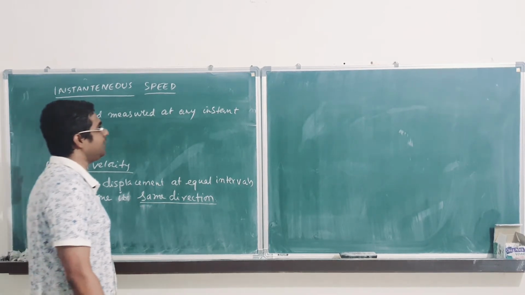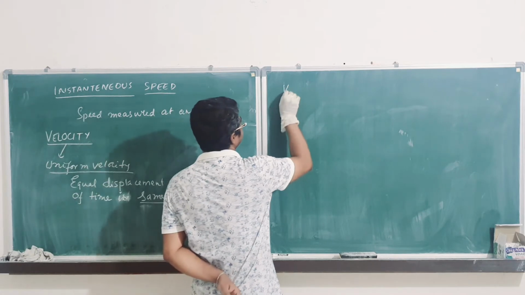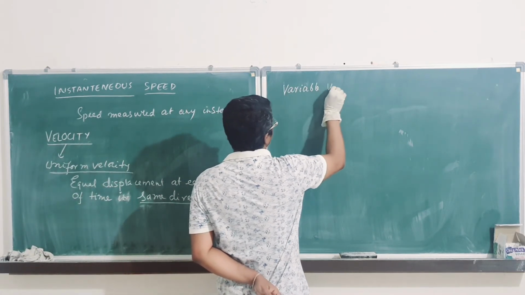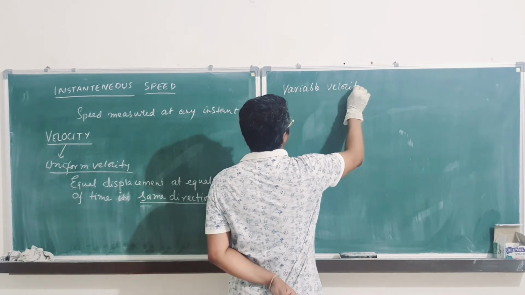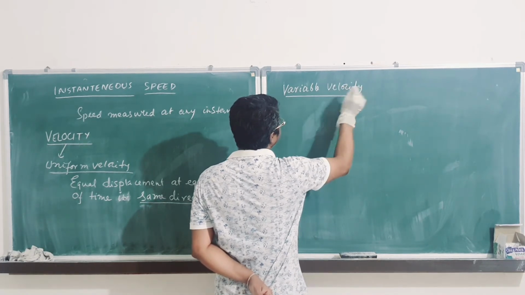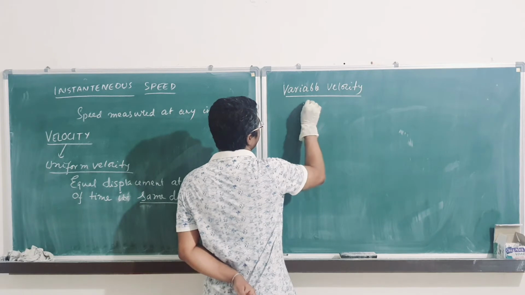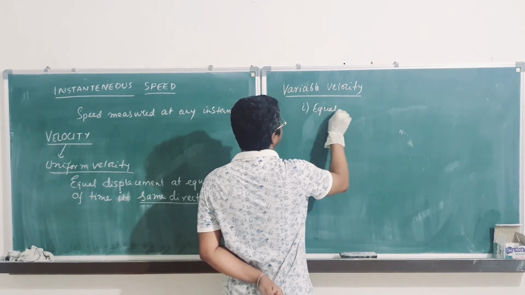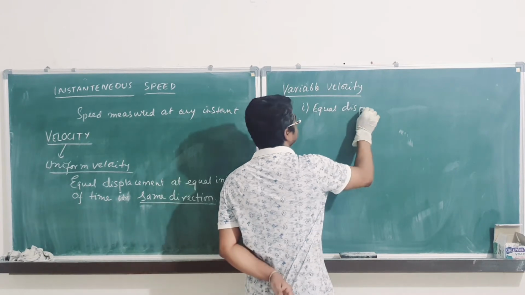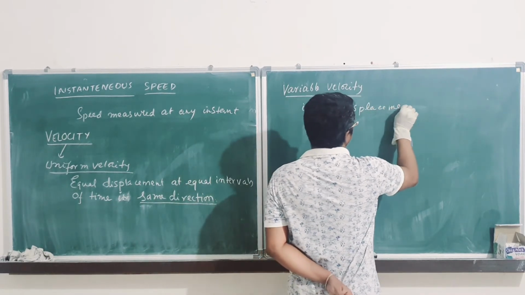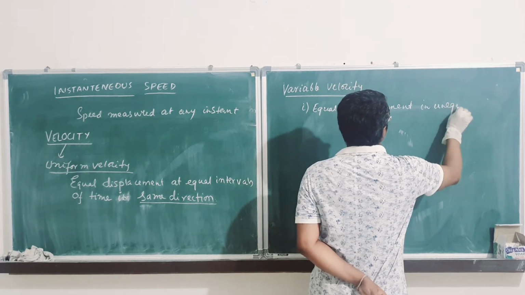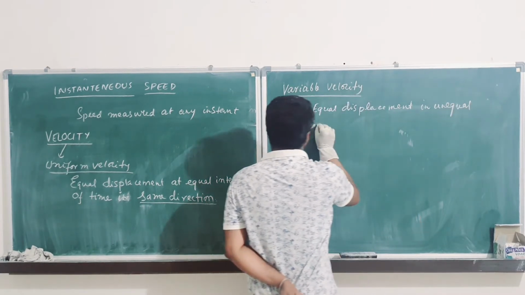Now while we talk about variable velocity, how many definitions are possible when we can call it variable velocity? Number one condition is equal displacement in unequal intervals of time.